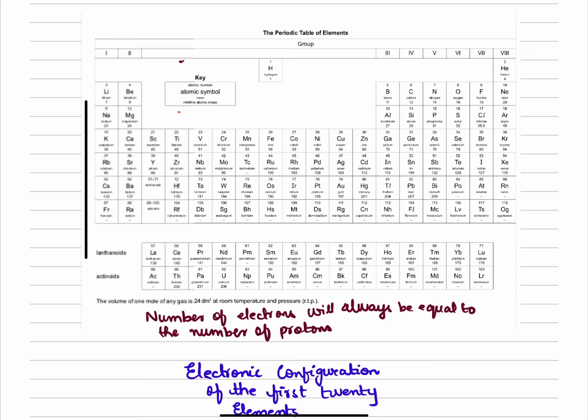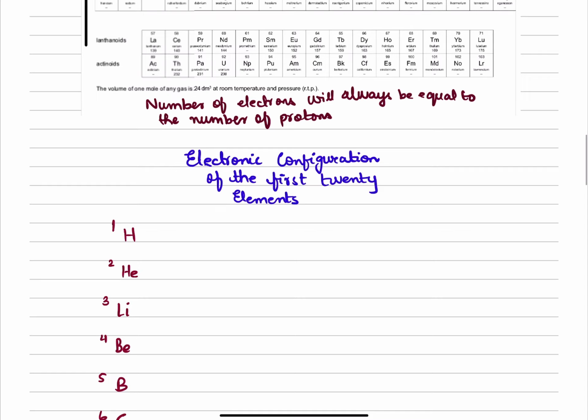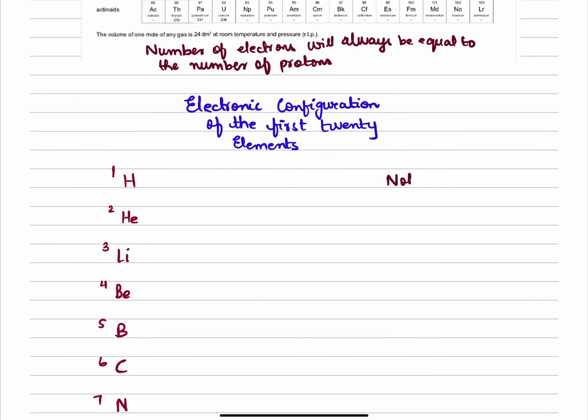One thing you can see over here, and I'll write a note, is that the periodic table is arranged in order of increasing atomic number.